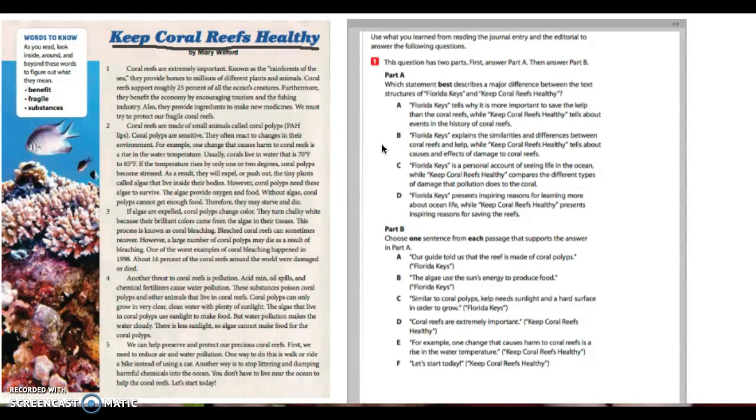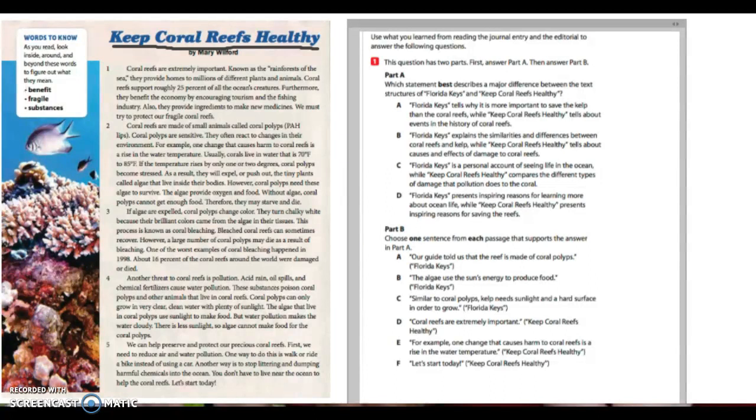We can help preserve and protect our precious coral reefs. First, we need to reduce the air and water pollution. One way to do this is walk or ride a bike instead of using a car. Another way is to stop littering and dumping harmful chemicals into the ocean. You don't have to live near an ocean to help coral reefs. Let's start today.